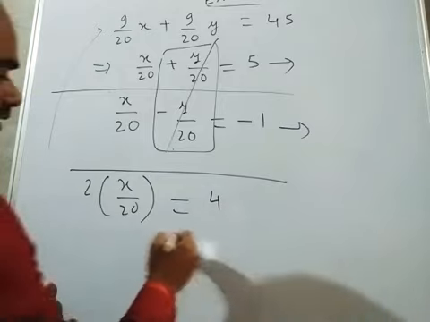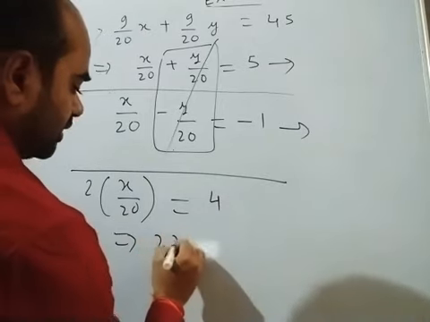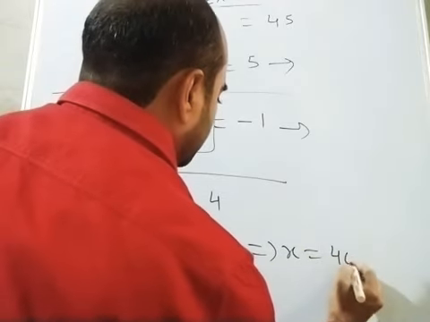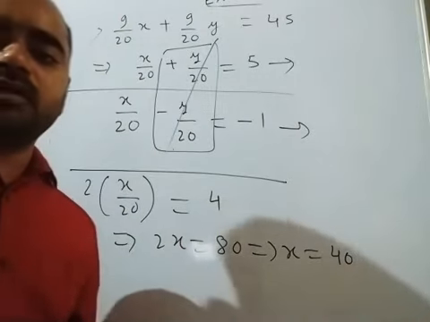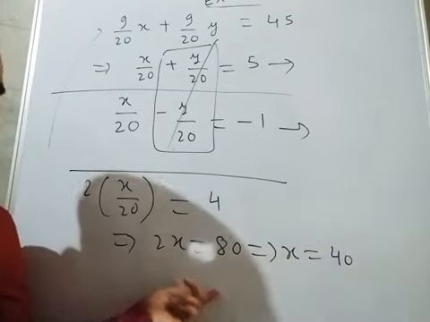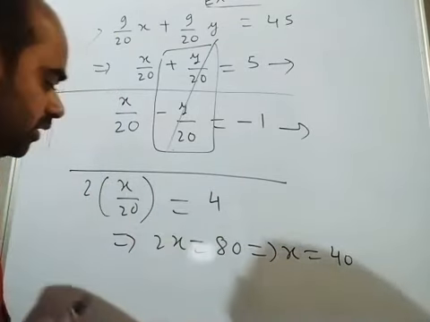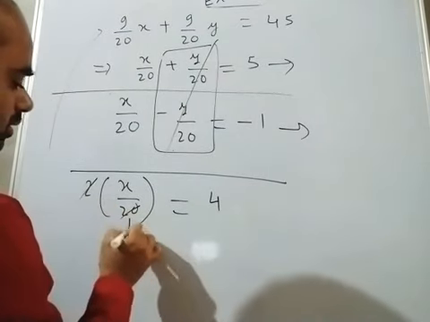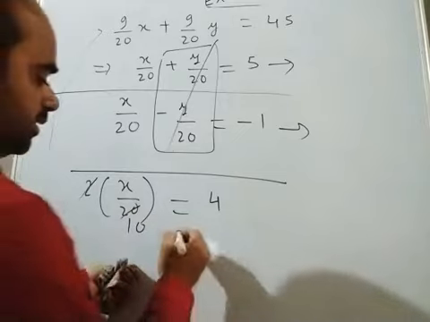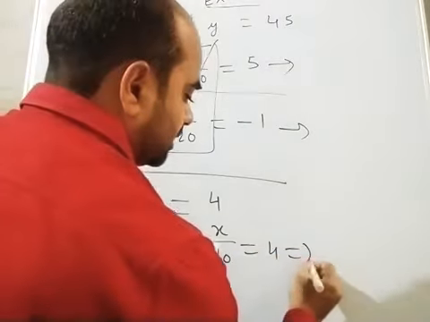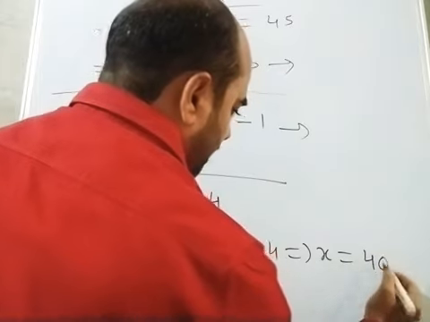It means 2x will be 80, x will be 40. Correct? Clear? 2x is equal to 80, it means x equals 40, or you can cancel by 10. It means x by 10 is equal to 4, x will be 40.